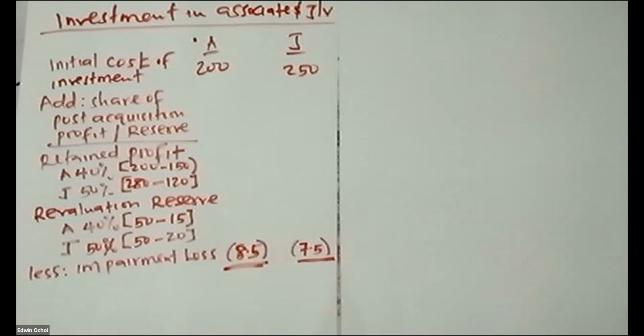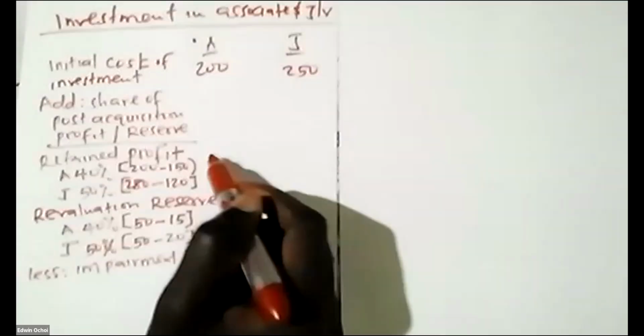That is fine. So give me the answers for retained profit for A and J. So if I take 50, so 0.4 times 50, this is 20.